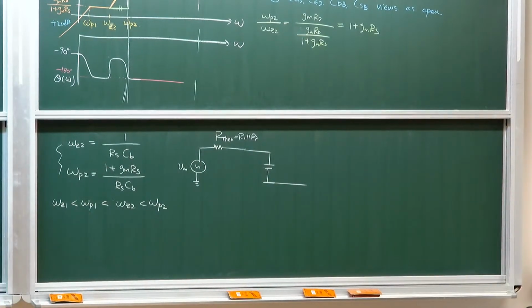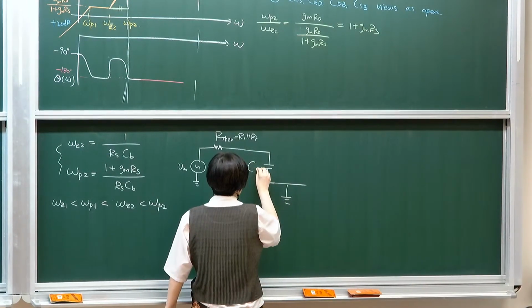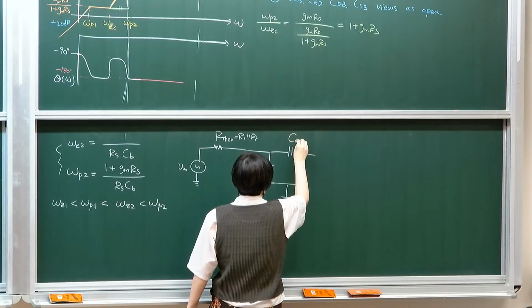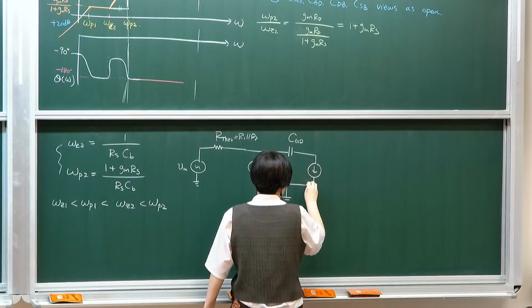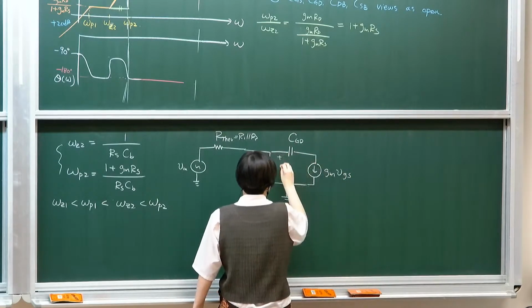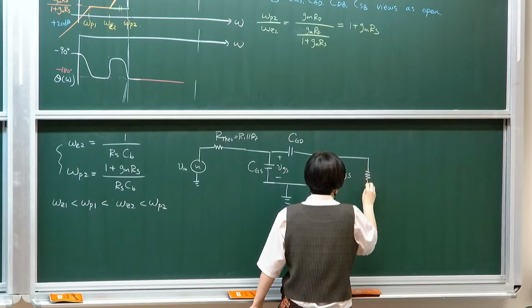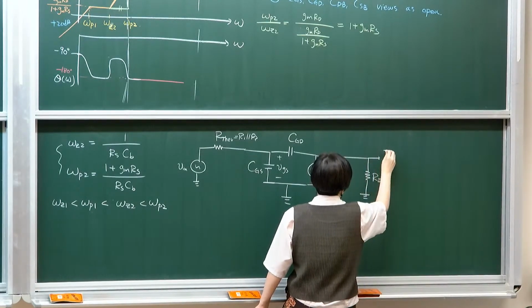When you consider high frequency, remember this is short, this is short. So your equivalent circuit would then have a source connected to ground. This is CGS, this is CGD, and then I have GM VGS. And then we're going to ignore R out. This will simply be R load, RD.